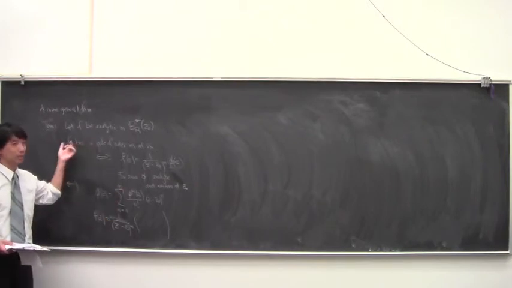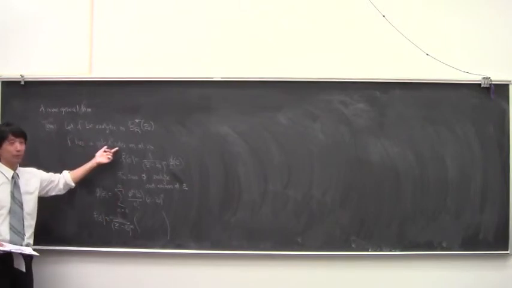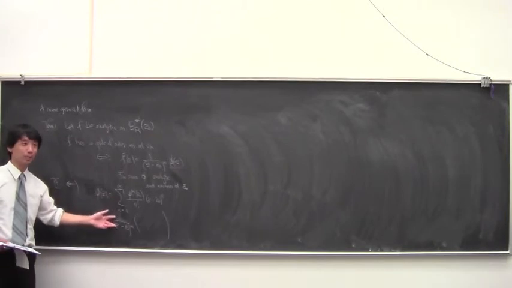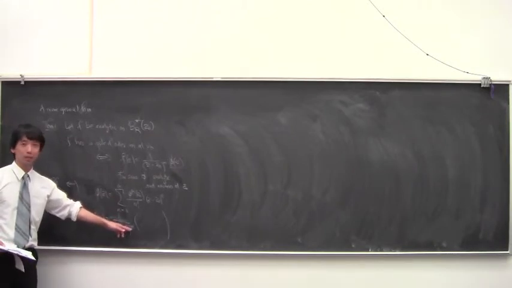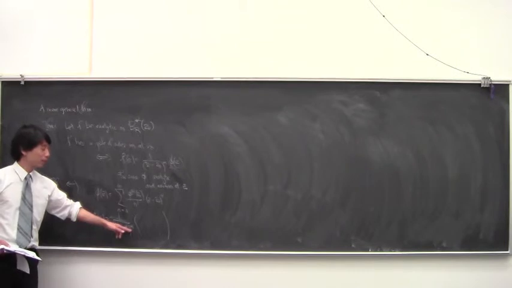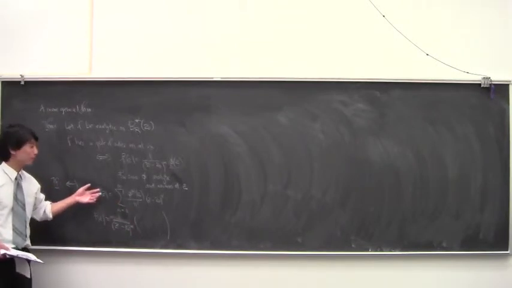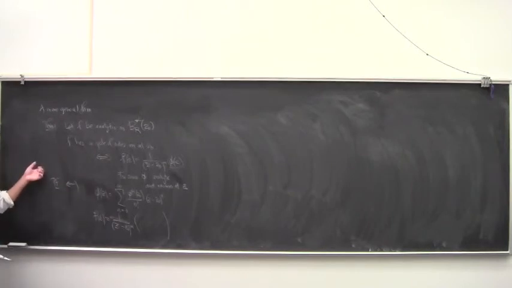That tells you that f has a pole of order m at z naught, just by definition. What does it mean to have a pole of order m at z naught? It means you have a Laurent expansion that starts at negative m, and there's nothing preceding it. And then the other direction is basically the same sort of thing. So the proof is basically identical to the statement about zeros. It's basically just the reciprocal statement.